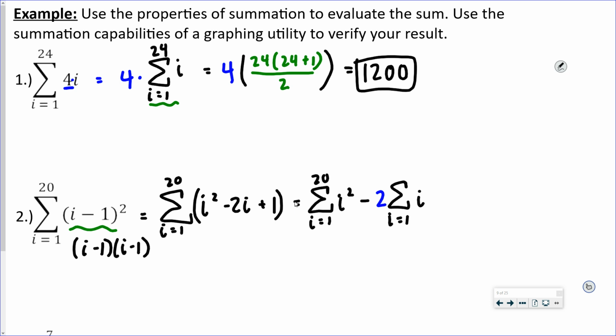But for those 20 terms, follow my thinking here, and then I can add the sum of 1, which is just like that constant rule. So we'll apply that in a second here. Okay, so I kind of used 2 properties in one there.